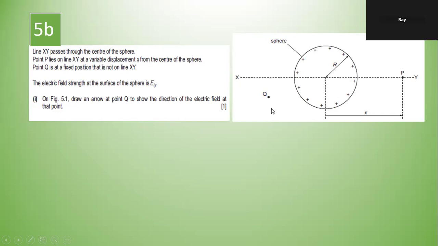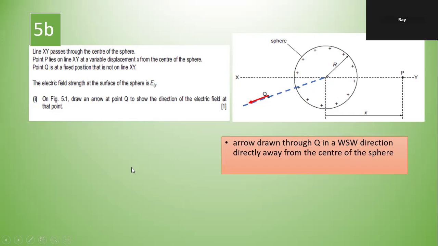Electric field strength at the surface is E naught. On figure 5.1, draw an arrow at point Q to show the direction of the electric field at that point. Just to guide you, draw a dotted line, and then it should be going away. This is the marking scheme required.